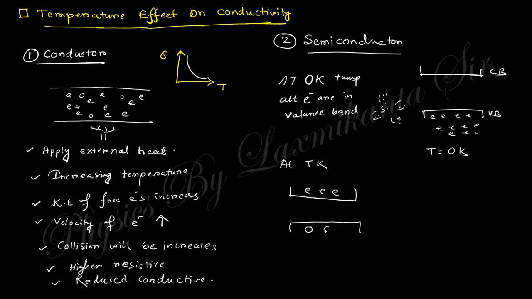So they are making holes. What is a hole? Suppose this is silicon and in this structure all electrons are in the valence band. Now these electrons come out here. So there is a vacancy of electron.